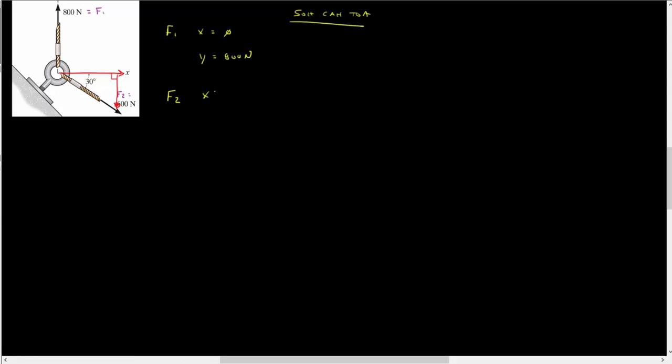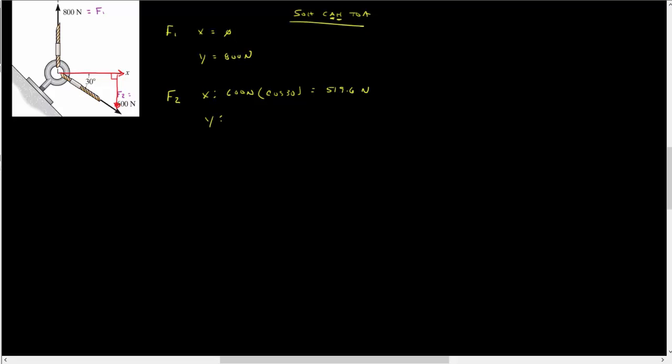So my x component is going to be 600 newtons times, now this is the adjacent side, so it's going to be cosine of 30 because we're given the hypotenuse and I'm trying to find my adjacent side. And when I plug those into my calculator, I got 519.6 newtons.